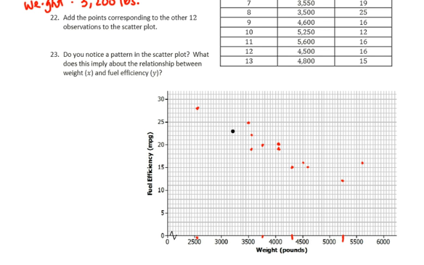Question 23, do you notice a pattern in the scatter plot? If you look at this, it seems like they're all kind of going down in a straight line. So, yes, there is a pattern, and it is a negative relationship, and we know that because it goes down.